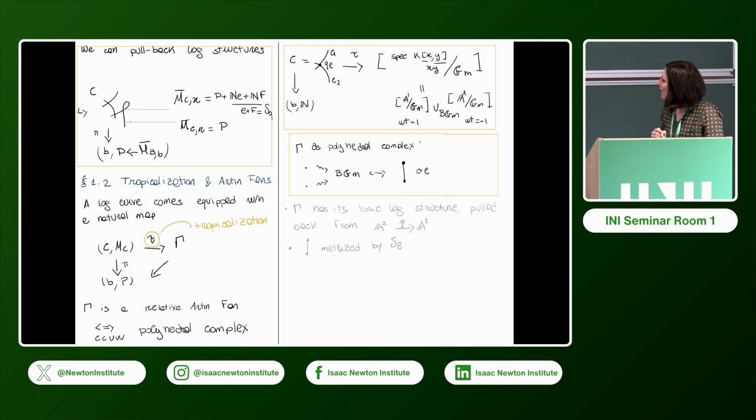Not just that, actually this stack, well, I mean, in the end it's just another curve quotient by some action, so it comes with its own log structure, which is again the usual log structure on nodal curves. So it's the one which is pulled back by the multiplication map from A^2 to A^1, I mean, descent in this case from the log structure from A^2 to A^1.